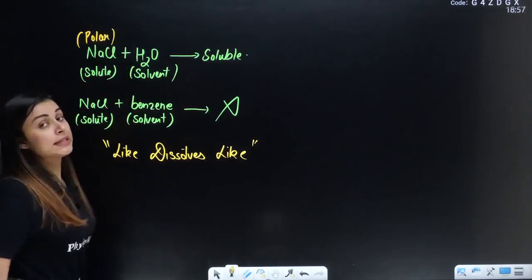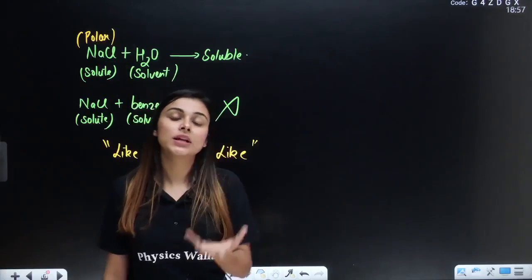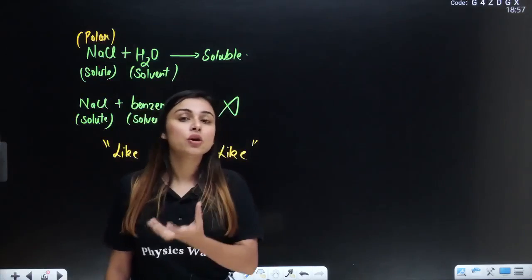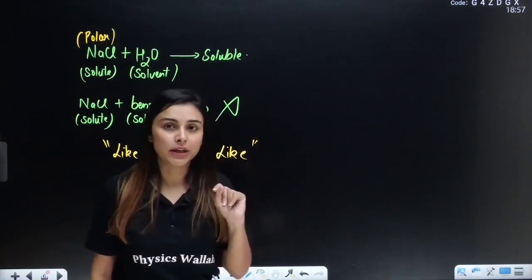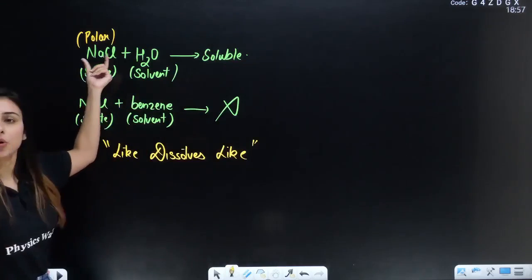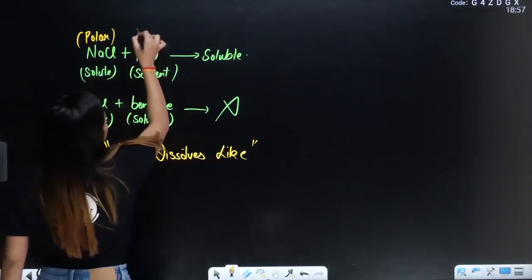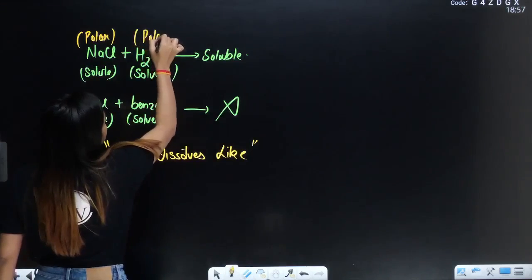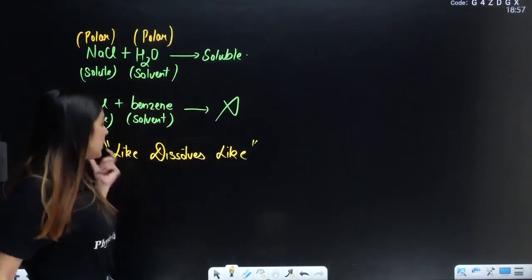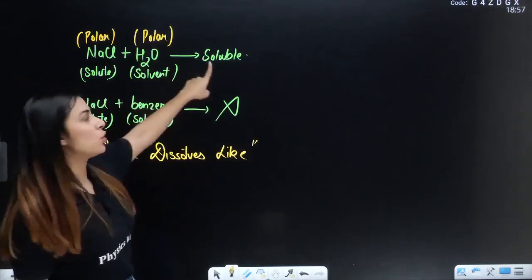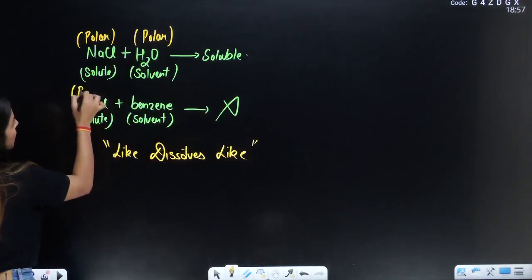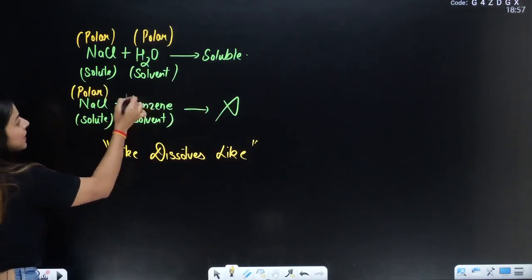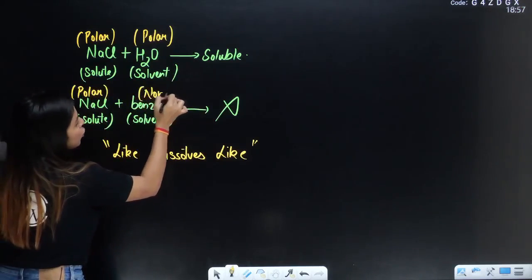You've studied this in chemical bonding in 11th, and that is the reason I'm not explaining it here. Similarly, H2O is also polar in nature, and that is the reason polar like dissolves like, so that is soluble in water. Now I know that NaCl is polar, but my dear students, benzene is non-polar.